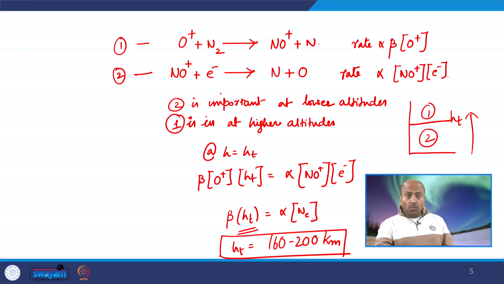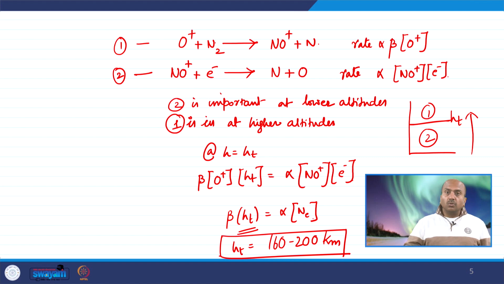And for the F2 peak to persist, this recombination of O plus with N2 is not a dissociative recombination, right? But the dissociative recombination with an electron is the one that is actually fast.